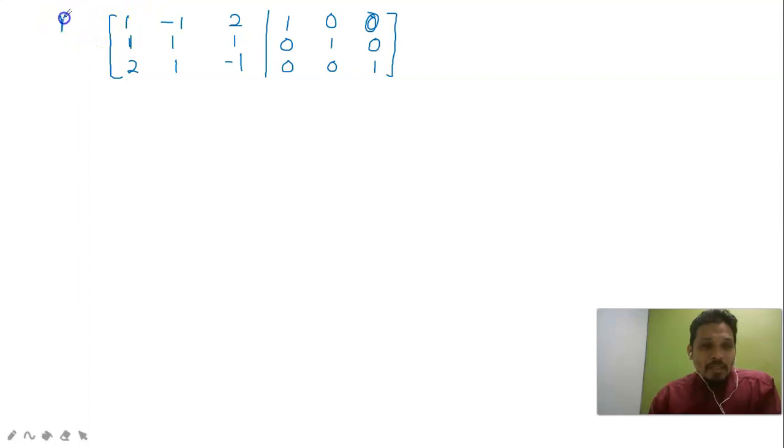Okay, before that, let me reintroduce row number 1, row number 2, and row 3. So we are going to compare this one with this one here. We come up with R2, which is R2 minus R1.